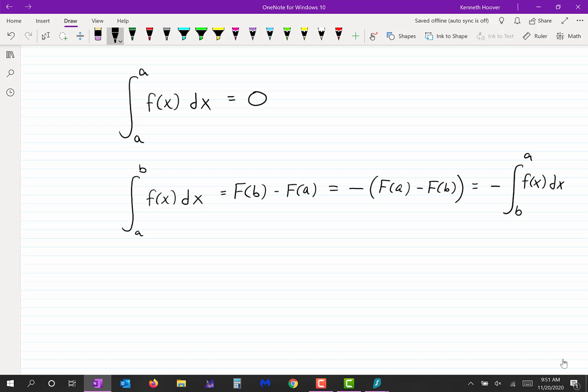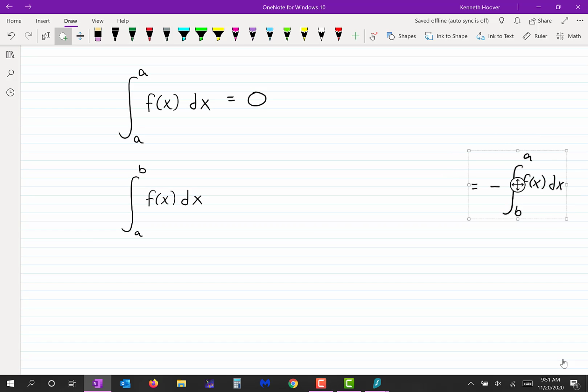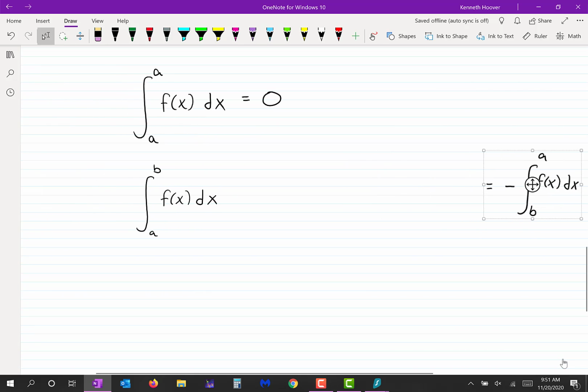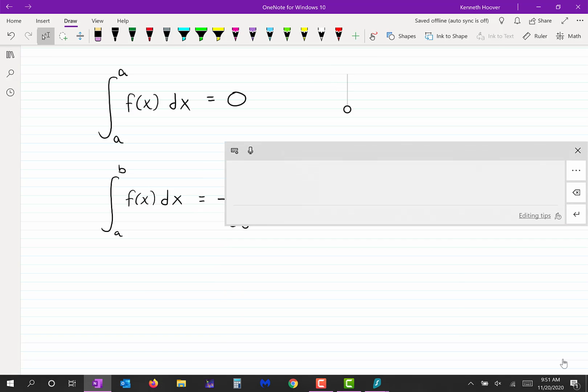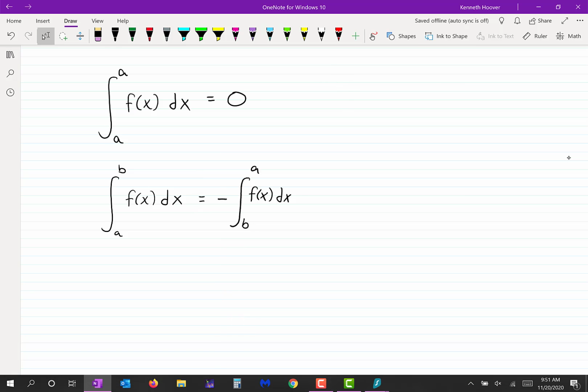Look at that for a second and make sure you agree. And then I'm going to delete the stuff in the middle and shrink that down. Let's collapse this. I just want to move this over here. Okay, that's a very handy rule.